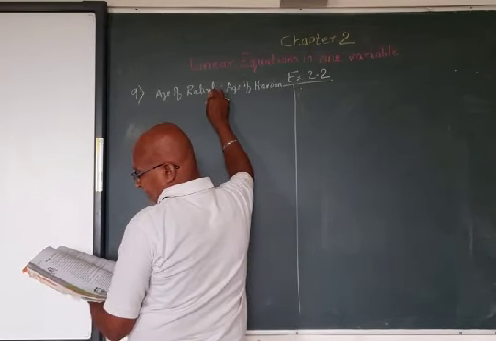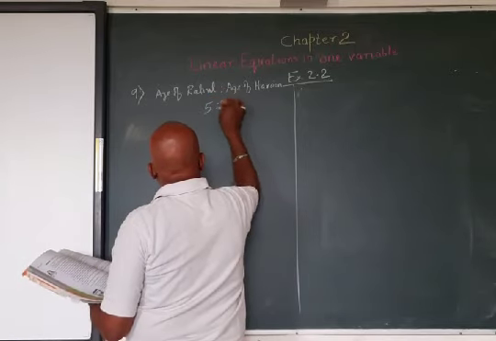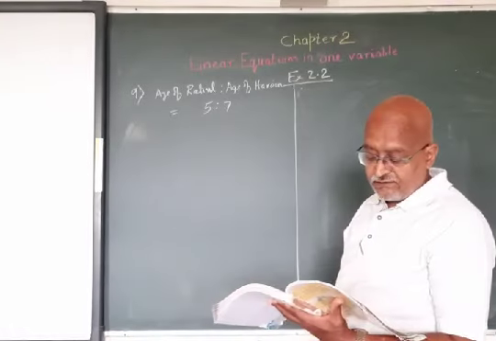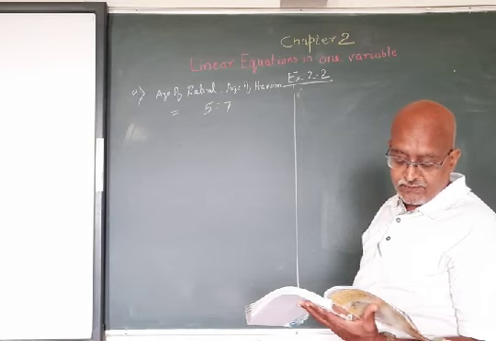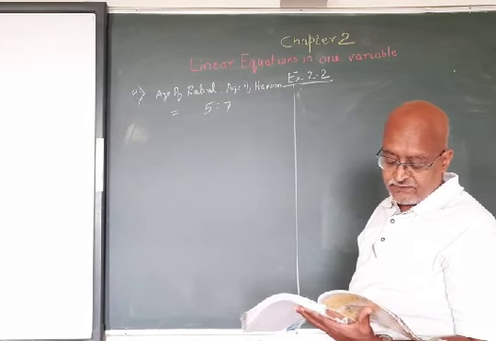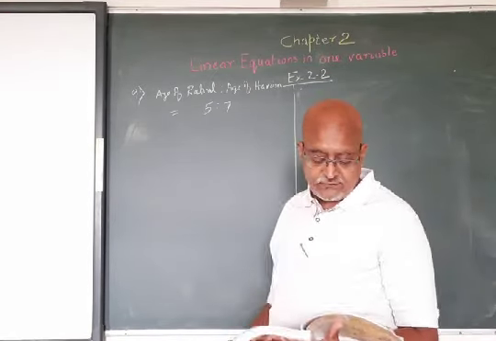It is given 5:7. 4 years later, the sum of their ages will be 56 years. What are their present ages? You have to find the present ages.